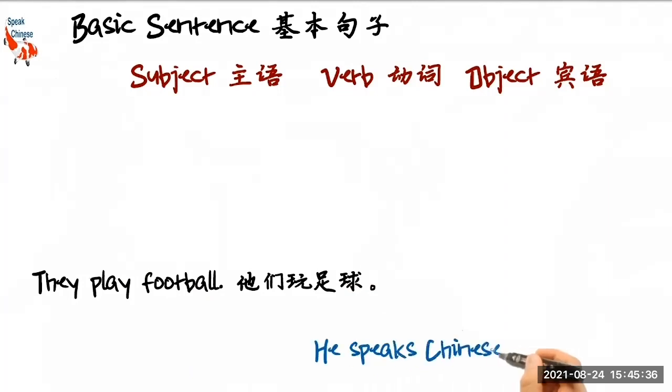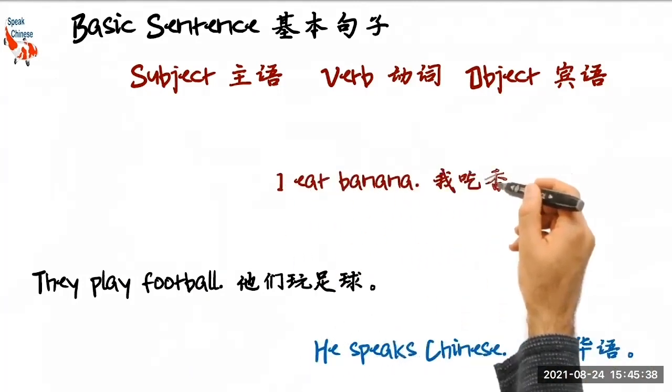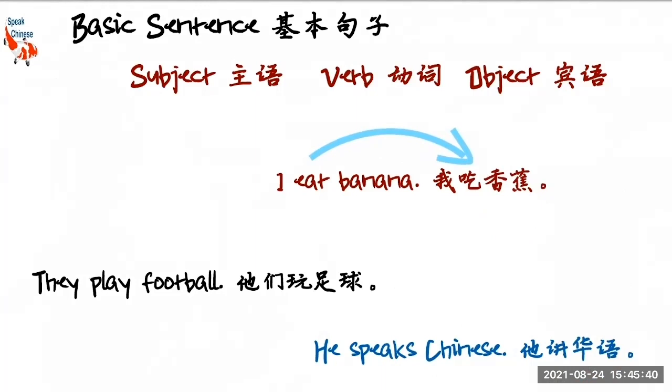So when we're looking at translation, basically you translate word for word. I eat banana, 我吃香蕉. They play football, 他们玩足球. He speaks Chinese, 他讲华语.